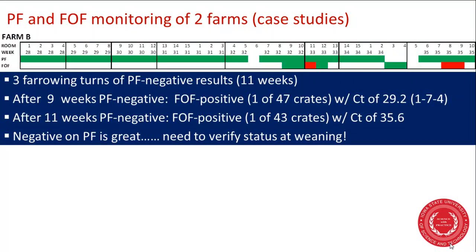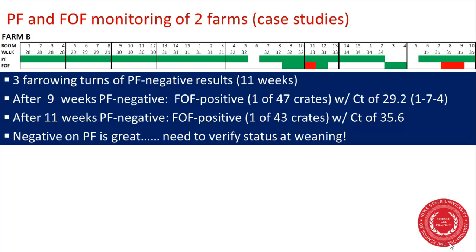There's a lot of those. I just selected 2 here to tell the story. Here in this farm, what you see here is each box is a week, each column is a farrowing room, and so they have been collecting processing fluids.